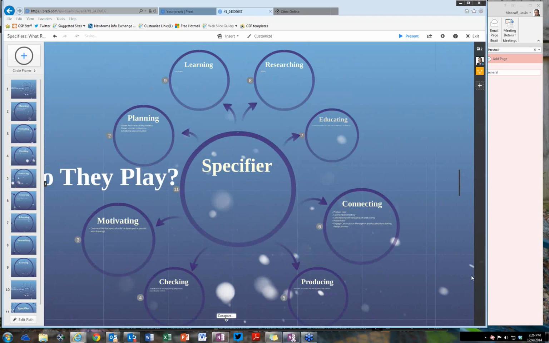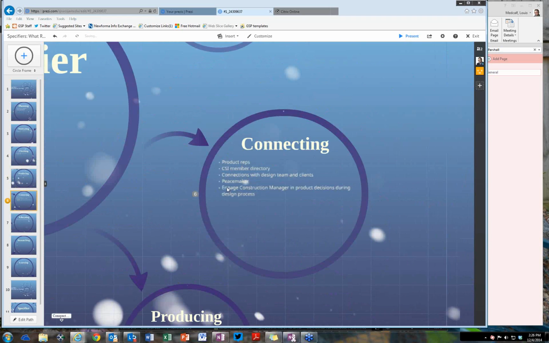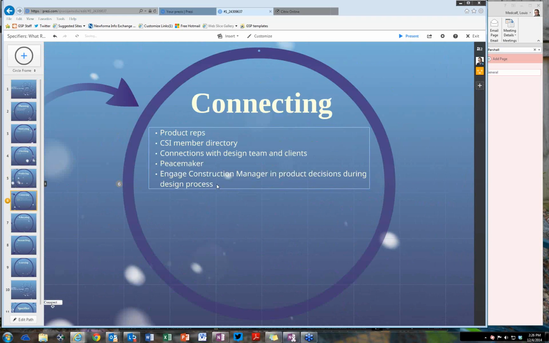Okay. We did have on the hook, Vivian, a comment from Greta Eckhart, and this is under the connecting heading. It says, how about connections, the connection specifiers make between design concepts, performance requirements, products, and the appropriate language? Oh, I think I want to put that into the producing. Because that's really kind of what we do.